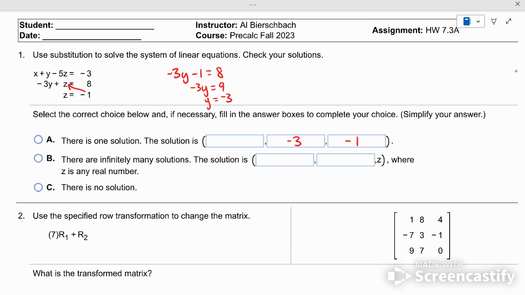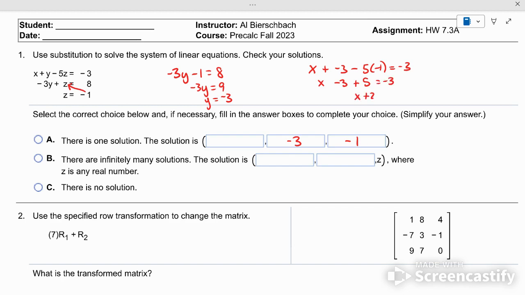And then we got to figure out x. How are we going to figure out x? Well, x plus negative 3 minus 5 times negative 1 will equal negative 3. Okay. So x minus 3 plus 5 equals negative 3.